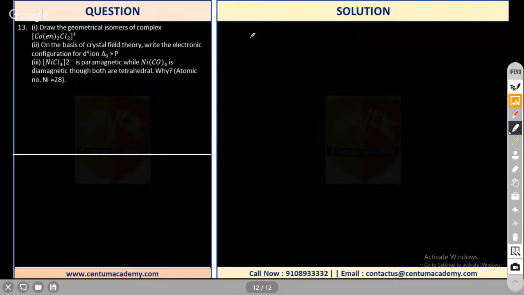The first one will have cis and trans isomers, correct? And the structure will be what? We have cobalt, en attached with this and this.